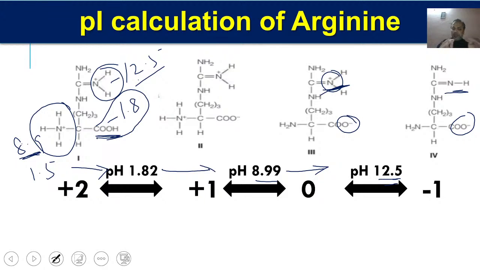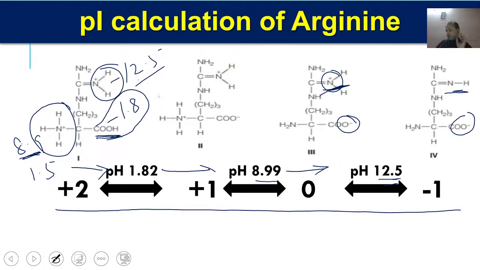First, make your amino acid in the most protonated structure, and then one by one remove protons from there. So we have arranged this one. Now according to our Zwitterion formula, which amino acid is the Zwitterion structure? This has 0 charge, with 1 positive and 1 negative charge.